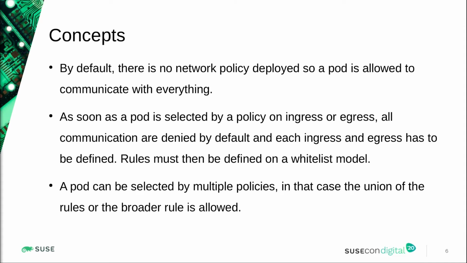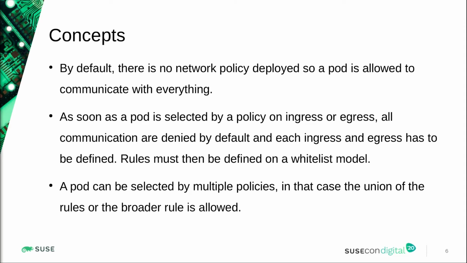Some concepts now. By default, there are no network policies applied to a pod or inside the namespace. So all the traffic is allowed in every direction. This can be changed by applying a default policy in a namespace. This default policy can match all the pods inside the cluster, or it can just match a specific type of pod.